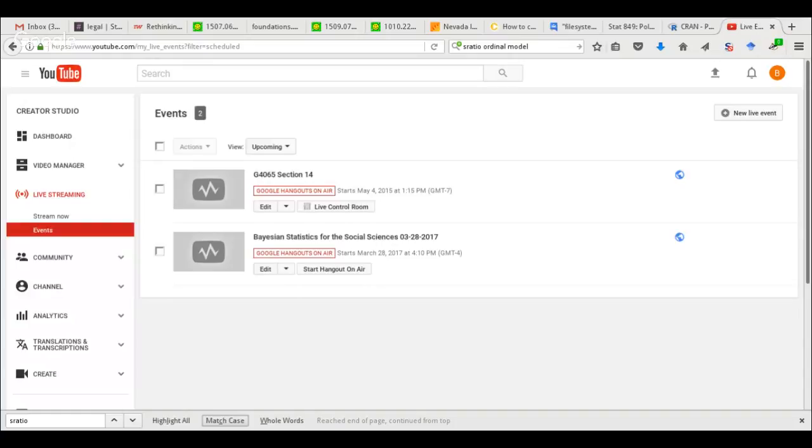Now, there's an exception to this, although I don't think it's supported by BRMS and it's not supported by RStanArm yet either. What if you knew what the cut points were? That might sound a little bit weird. But a lot of times in surveys, they actually will put the cut points into the question.